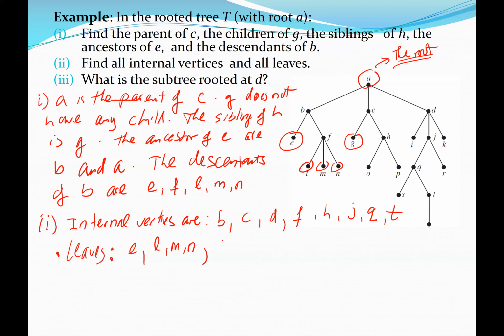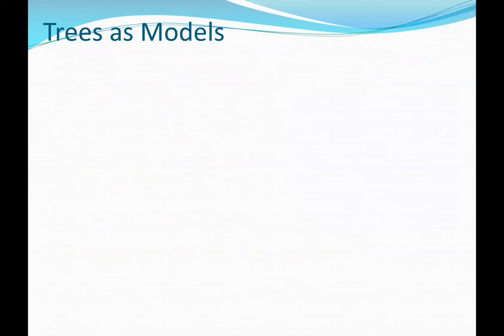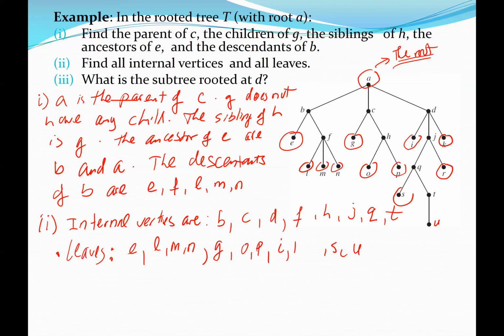And then G doesn't have children, and then O, P, and then I, K. All right, I, K, O, P, and then R, S, and U. All right, so those are the leaves of that. Now, does that make sense?